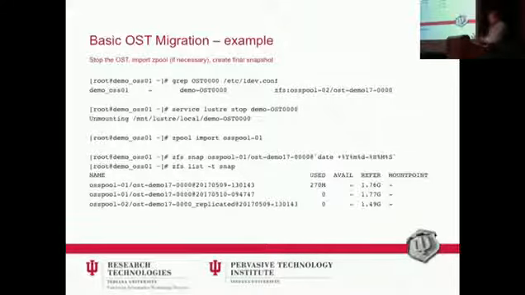Here again, you would stop Lustre, you would stop that OST so that there were no updates occurring to it. You would edit your ldev.conf or whatever your startup mechanism is for changing the mount options or the source device of the mount. You would perform your final snap, send, receive operation.